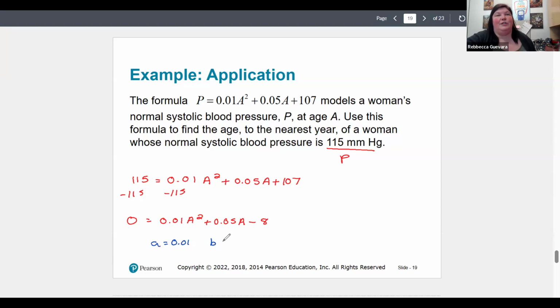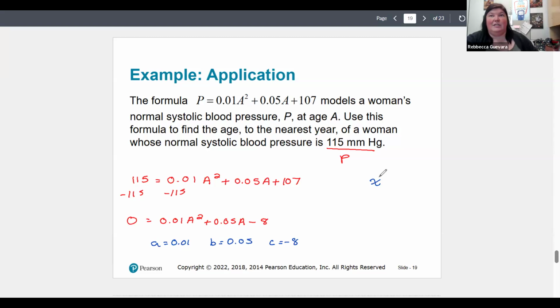And this is something we can use the quadratic formula on because we have that variable squared. The coefficient on the squared term is 0.01, which is a. The coefficient on the linear term is 0.05, which is my b, and the negative 8 is my c.